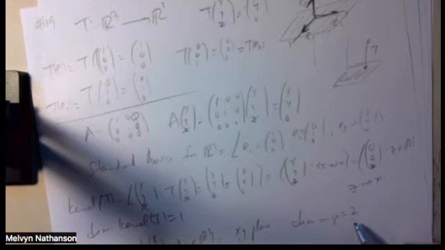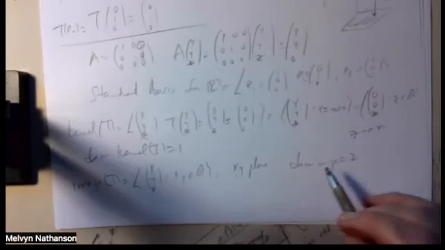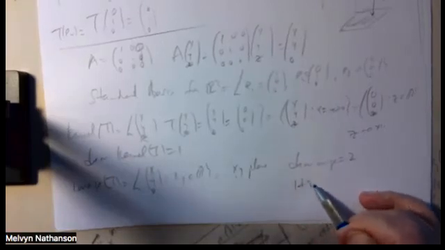And the dimension of the image, the rank, is 2. And the theorem that says the dimension of the kernel plus the dimension of the image equals the dimension of the vector space says 1 plus 2 equals 3. It's indisputable.